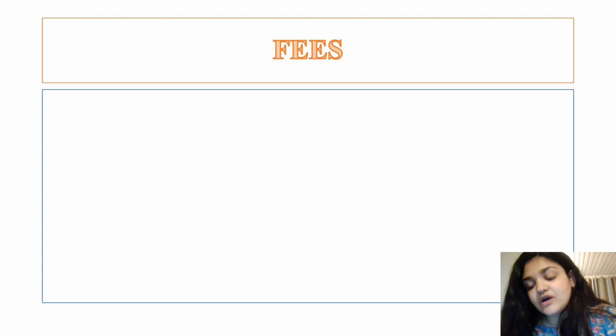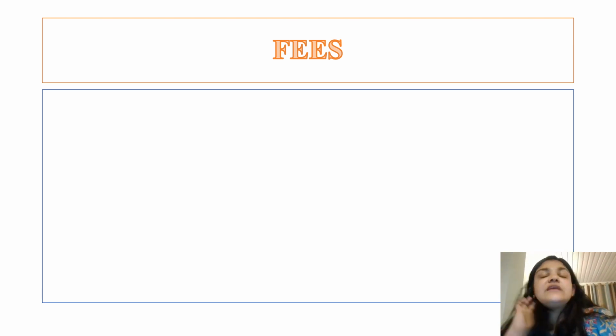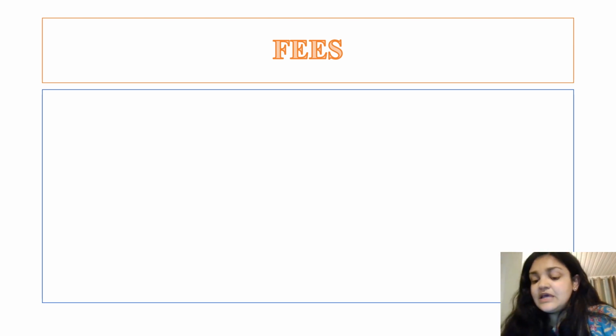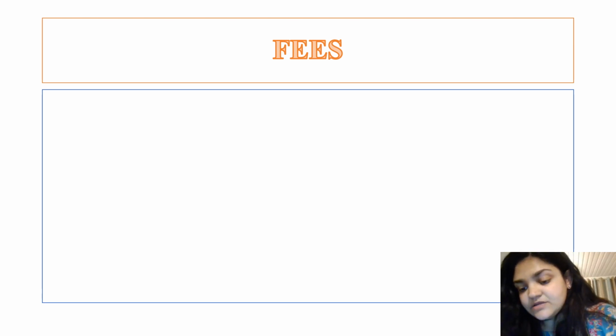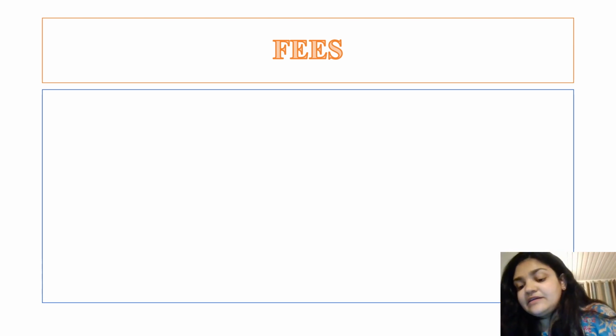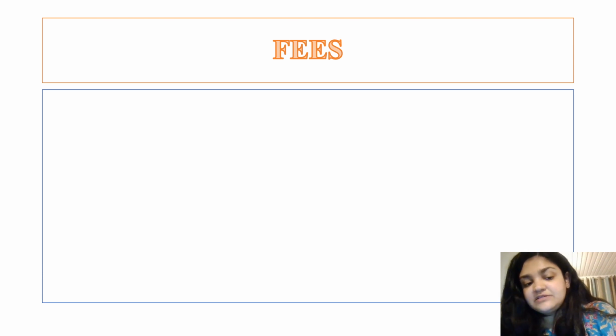Then the fees for the OSCE. In my case, the first fee was paid by the trust. If I had failed in the first attempt, I would have had to pay for the reset, but they don't deduct all of the fees at one shot from the pay; they cut it in installments.